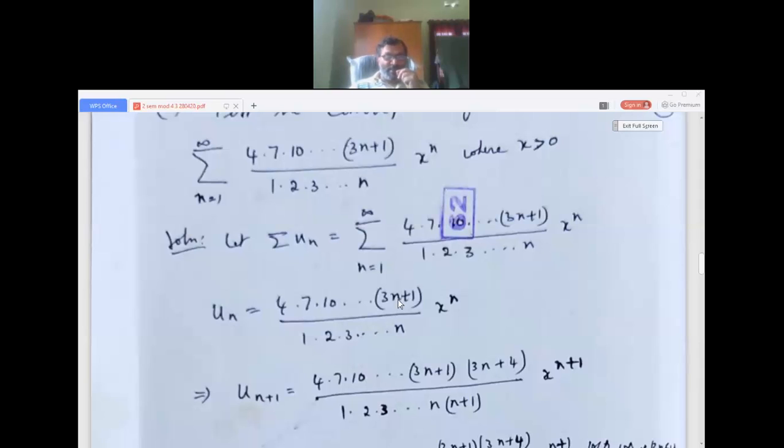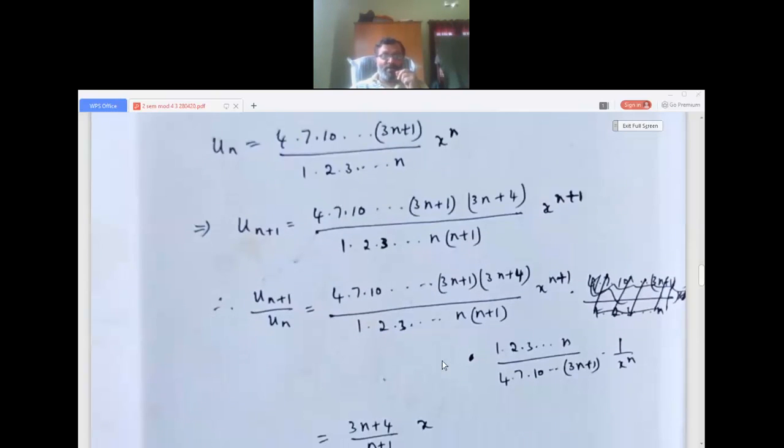When you replace n by n plus 1, 3n plus 3 plus 1, that is 4, 3n plus 4. Here also 1, 2, 3 till n terms, the next term will be n into n plus 1, into x power, replacing n by n plus 1. So much is clear, I hope.